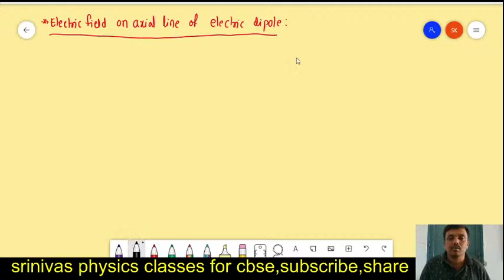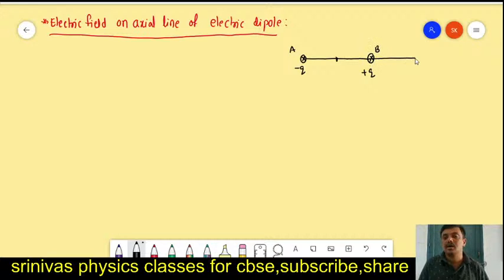This is a dipole. This is the minus q charge, this is point A. This is plus q, point B. This is the center of the dipole.